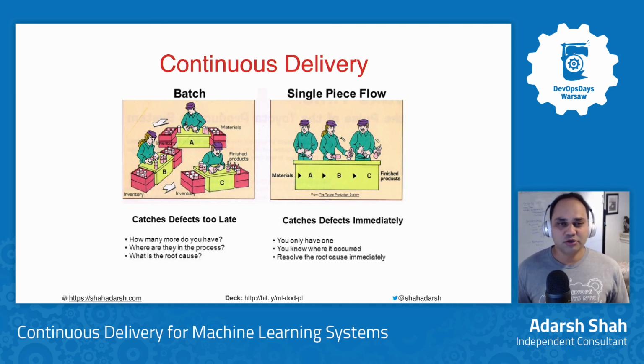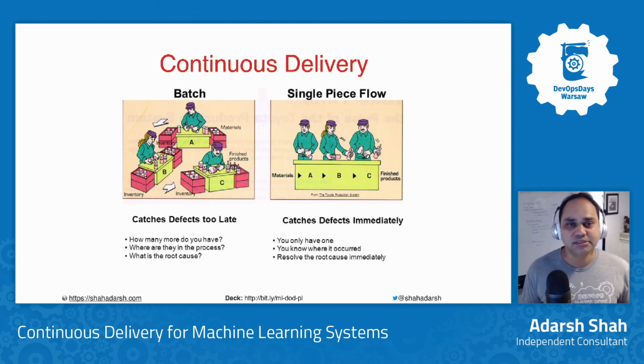I'm not going to talk too much in detail, but if you want to read more about how Ford Motors did things in mass production back in the 1930s, and how Toyota started doing single piece flow, read about it if you're interested.